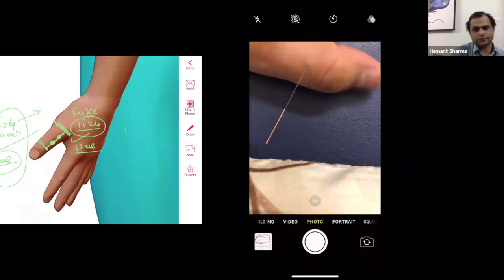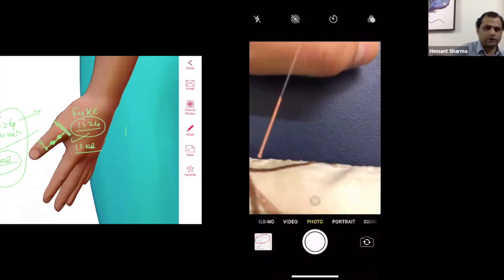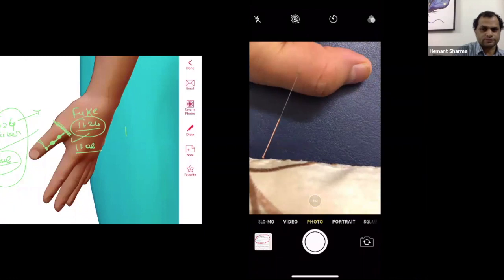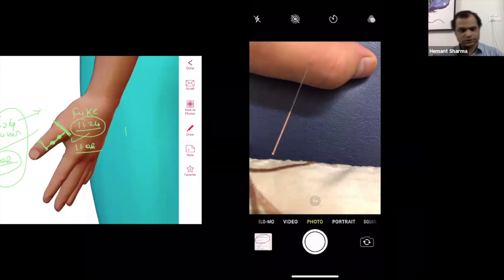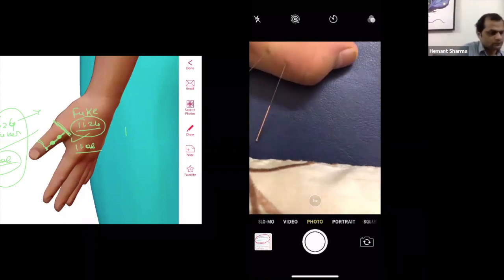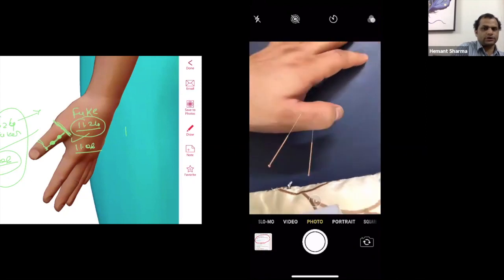We are not putting the needle from up to down like this. This is wrong. We put the needle in this direction. And we put the second needle in this way too. So you can see, we are putting the 2 needles like this.